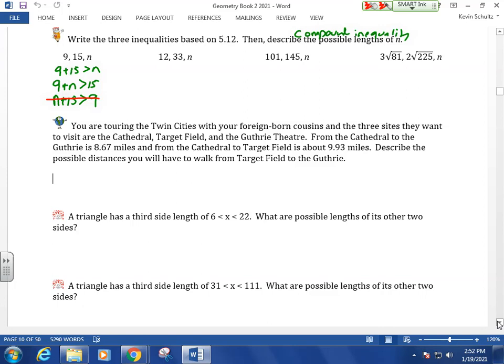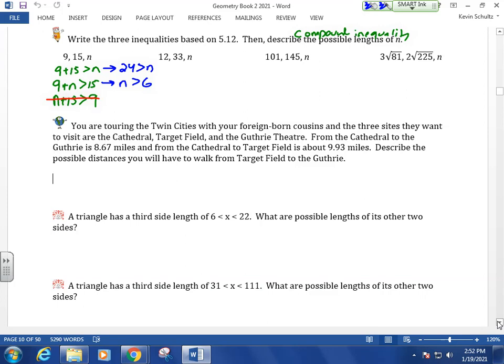But from these other two, what we get here, 9 plus 15 is greater than n. We can rewrite that to be 24 is greater than n. And 9 plus n is greater than 15. I can subtract 9 from both sides, and that gives me the inequality n is greater than 6. Okay. So what values could n be?